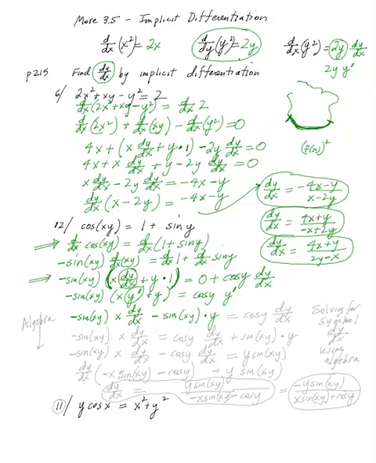I just distributed negative sine xy across these parentheses, multiplying by x dy dx plus y. So I've got cosine y dy dx on the right. Stop for just a minute and let you look at that. Be thinking of what questions you have.